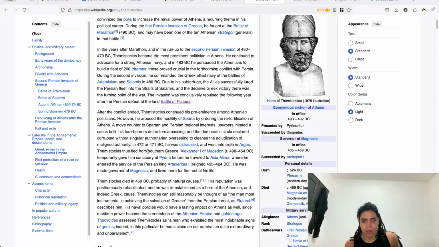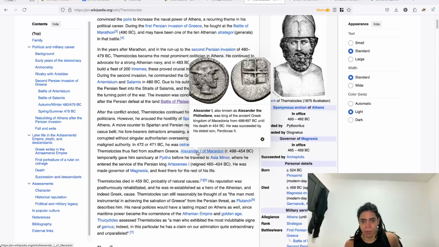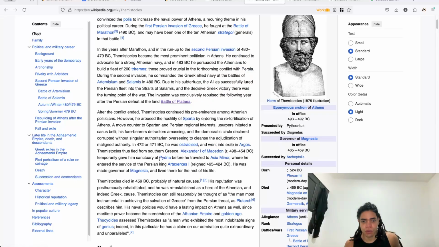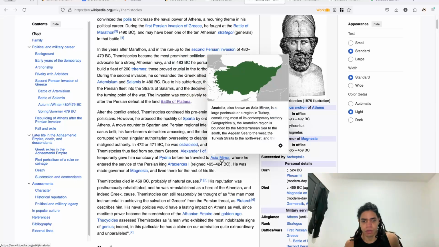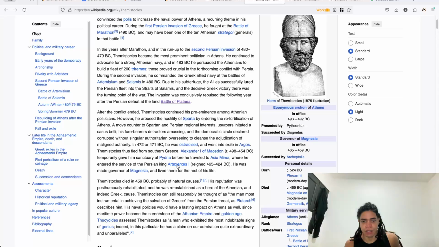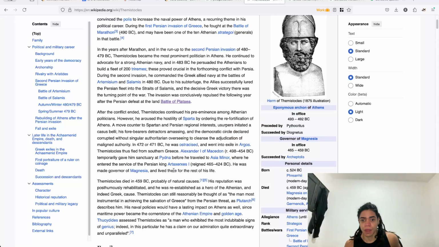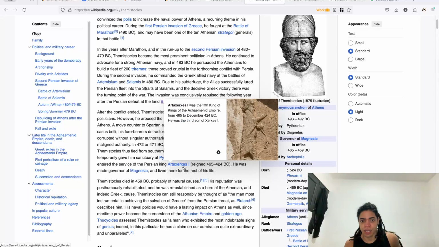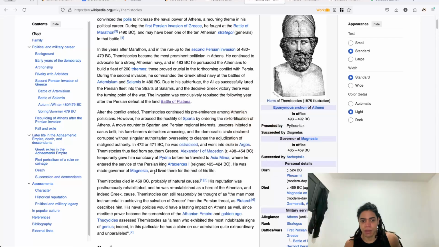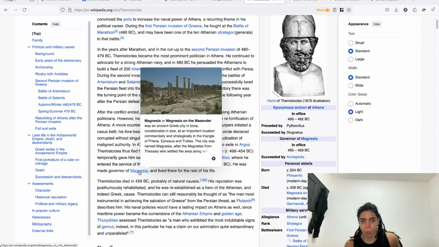Themistocles thus fled from southern Greece. Alexander I of Macedon temporarily gave him sanctuary in Pydna before he traveled to Asia Minor, where he entered the service of the Persian king Artaxerxes. He was made governor of Magnesia and lived there for the rest of his life.